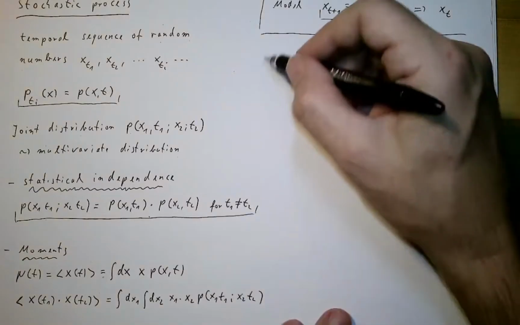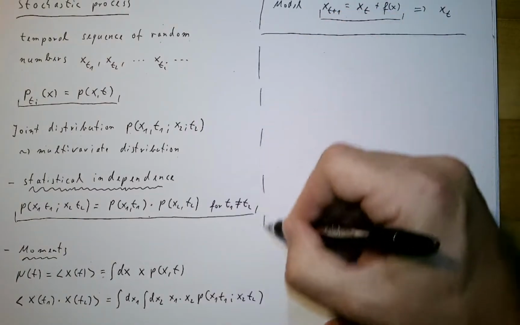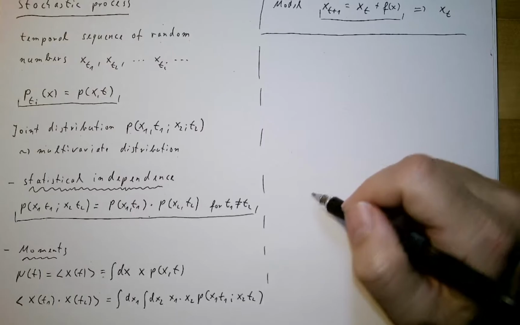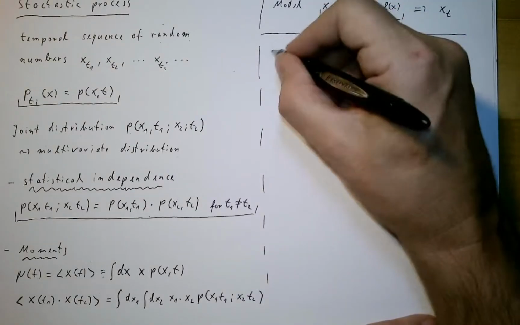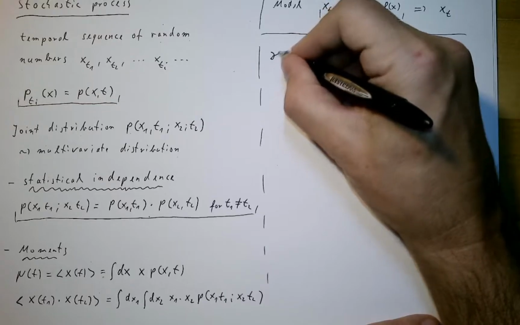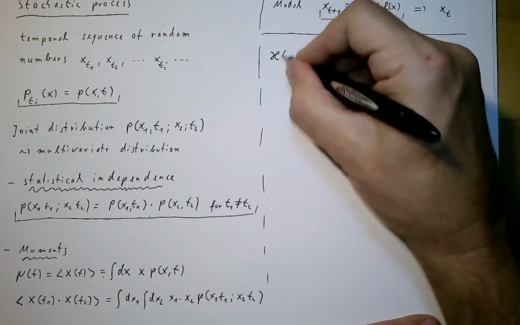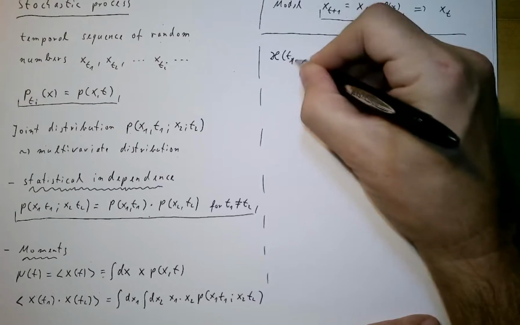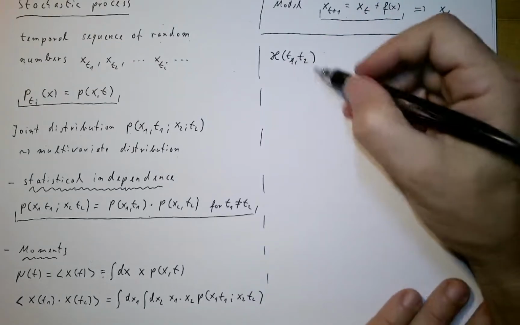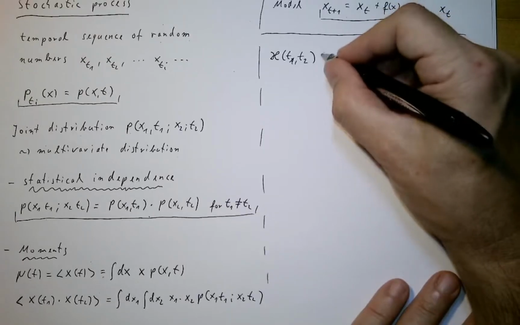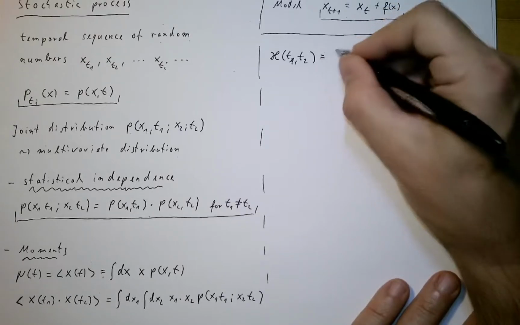So how does this look when we apply it for time-dependent random numbers? This we give a special symbol. We often call this kappa, which depends on two time instances, t1 and t2. And that's now the covariance of the random number at different time instances.